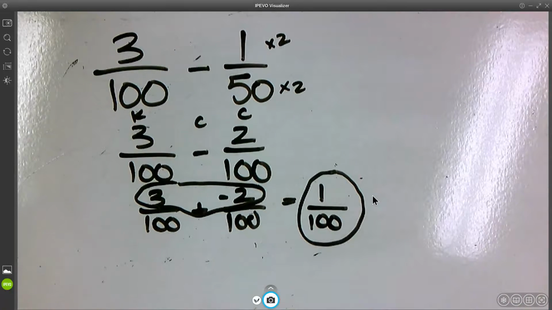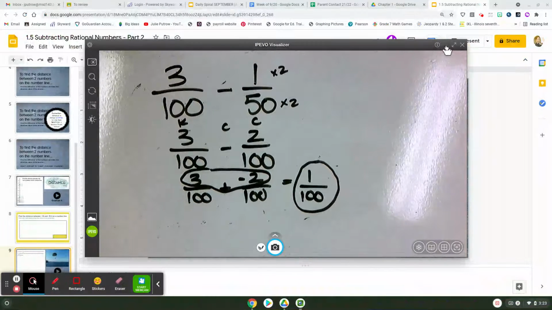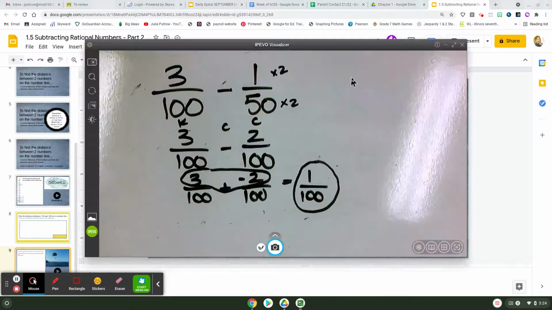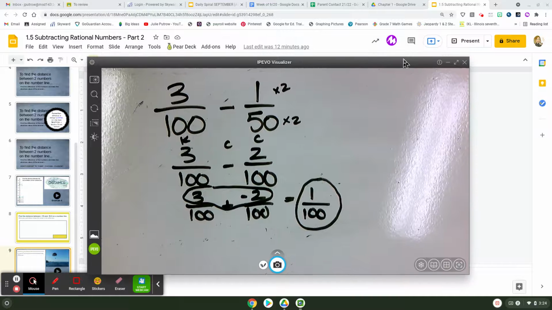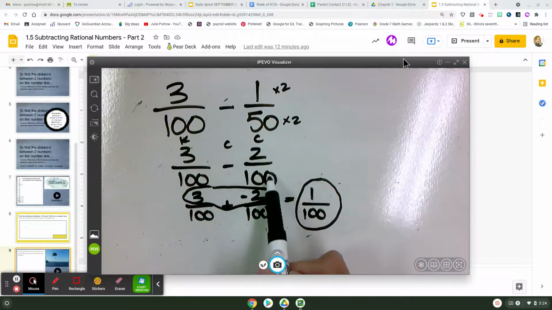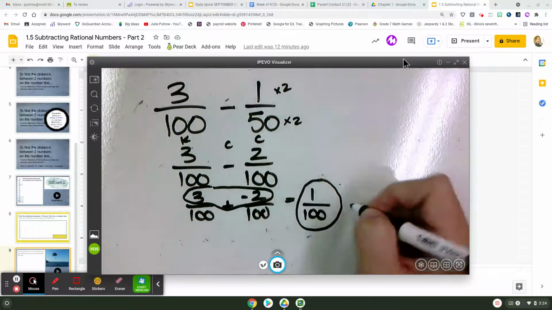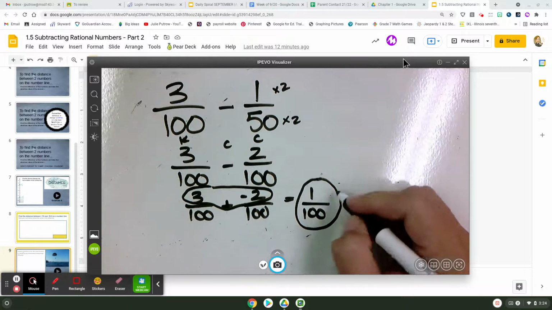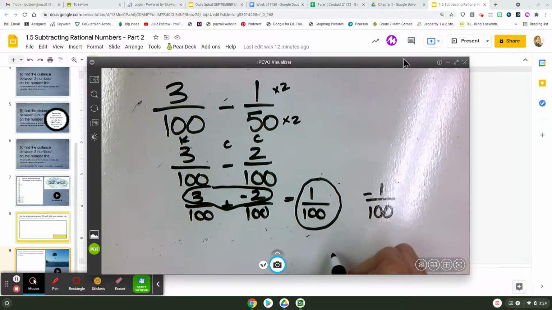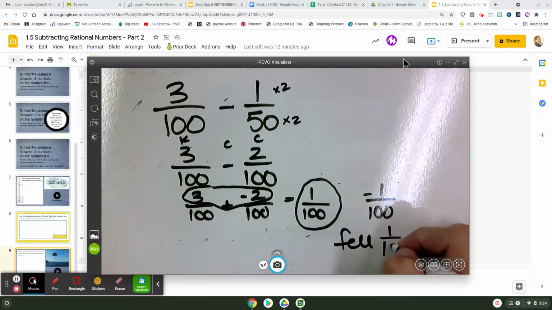When it asks you to interpret, if I come back to the question, the change in height is 1/100, but it does ask us to interpret the change in height. And they're telling me, does it go up or does it go down? And since it started at 3/100 and 5 minutes later was at 2/100, that means the height changed by negative 1/100, or you can write that the parasail fell or decreased 1/100th mile.